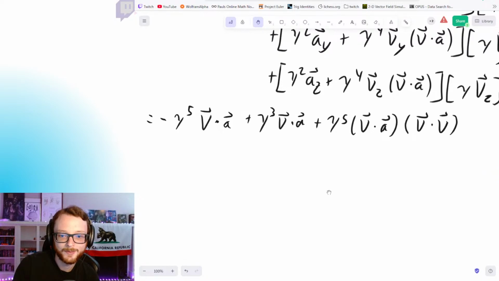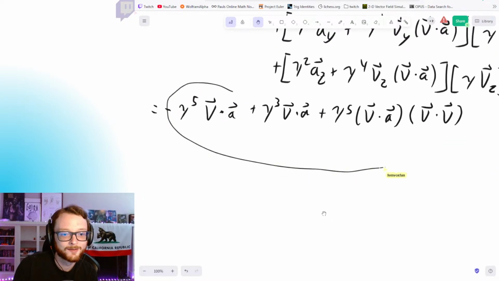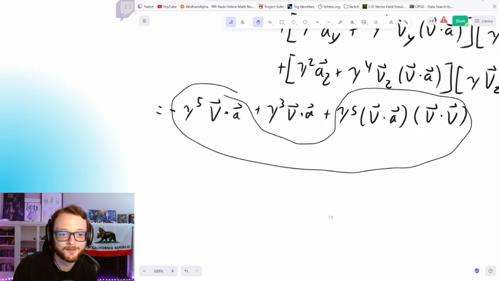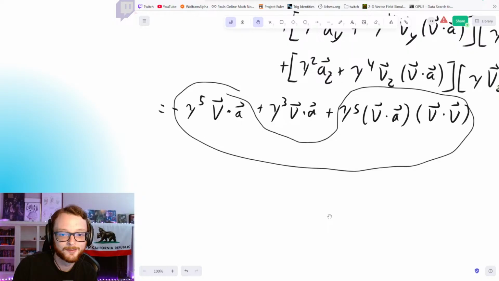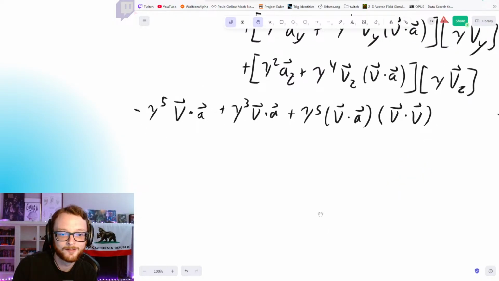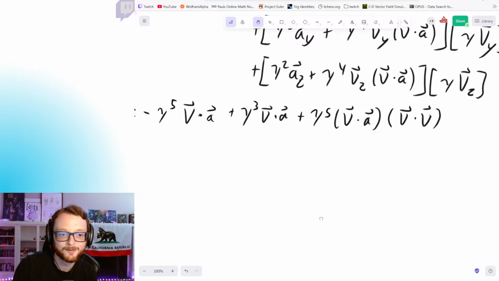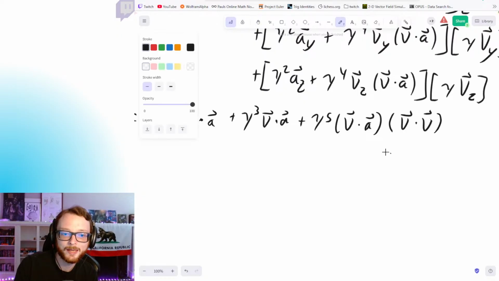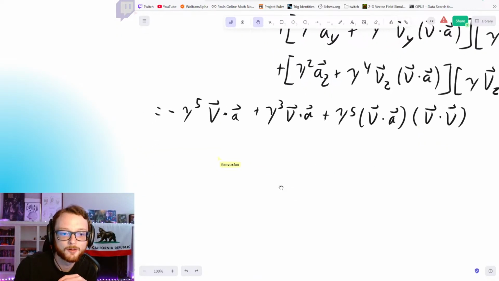Yeah, I think I see it. Because I want to say these two terms, this one and this one, put them together and factor out and use this result. Is it going to work? Maybe. We could use that cancellation for these first two terms. They would be gamma cubed v dot a. I don't see how to use it for the third one.